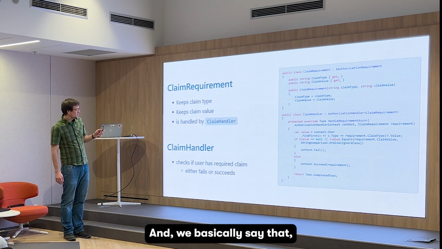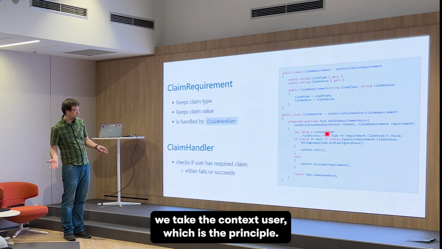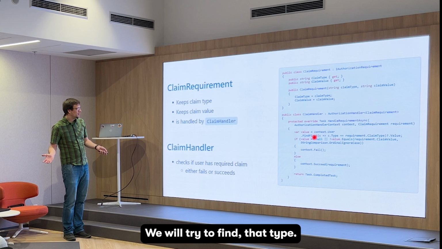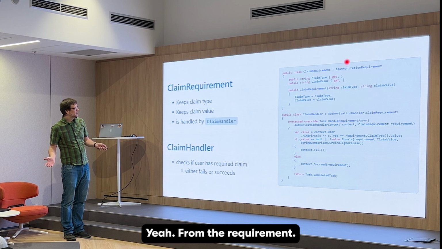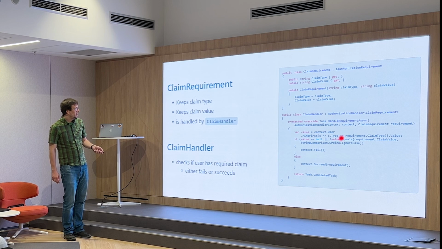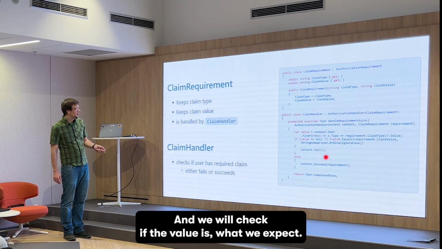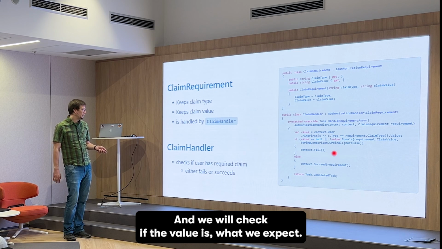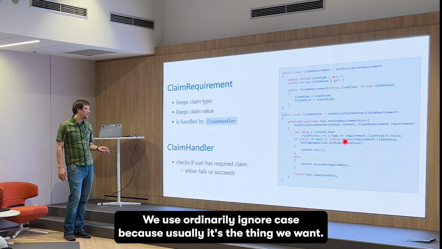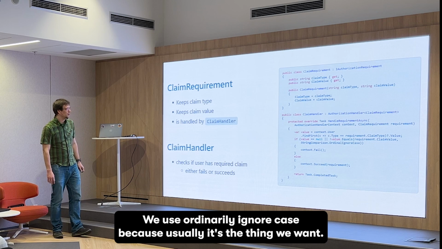We basically say that we take the context user, which is the principal, right? We will try to find that type from the requirement, and we will check if the value is what we expect. Here we use ordinal ignore case, because usually it's the thing we want.